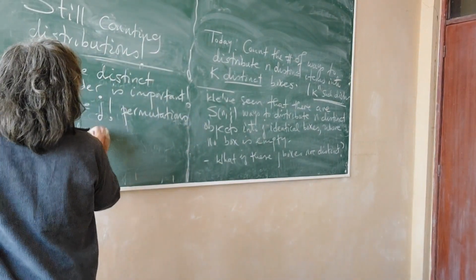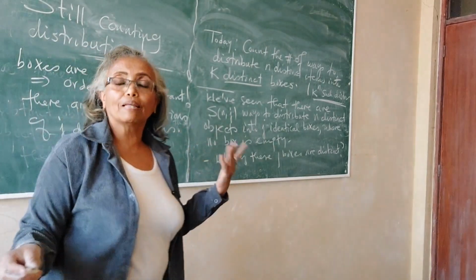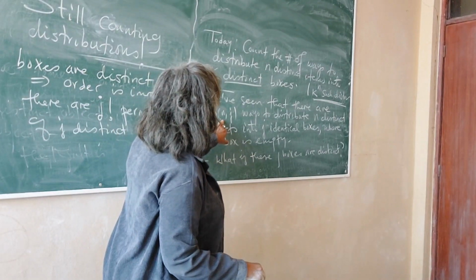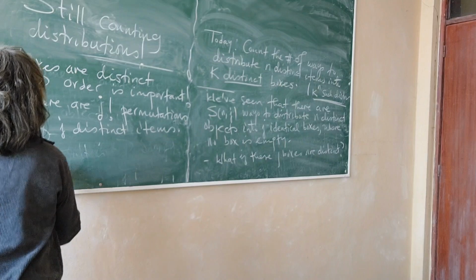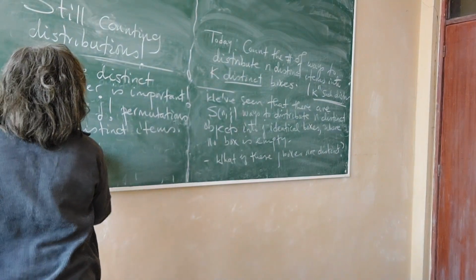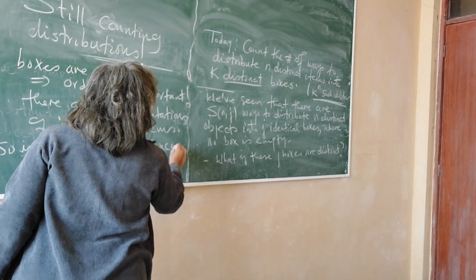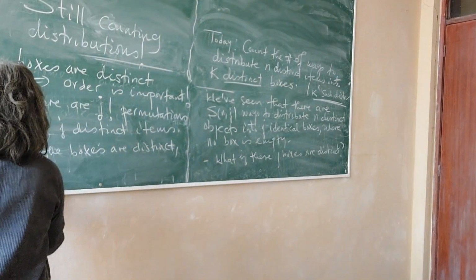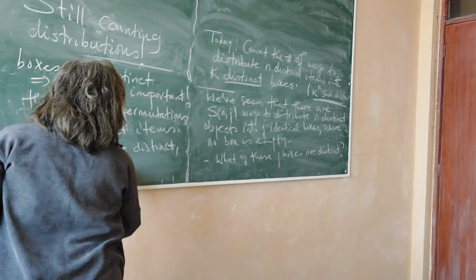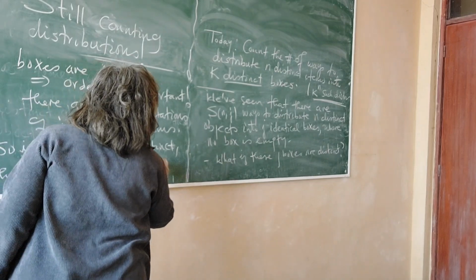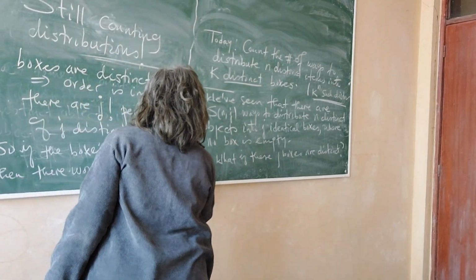So if the boxes are distinct, then there would be S(n,j) times j factorial distributions.